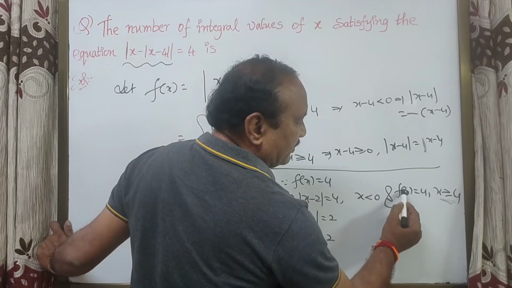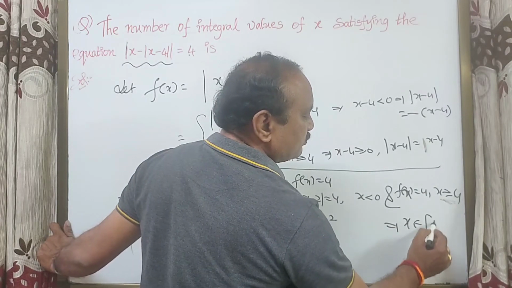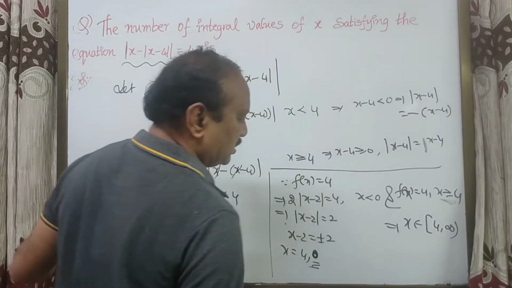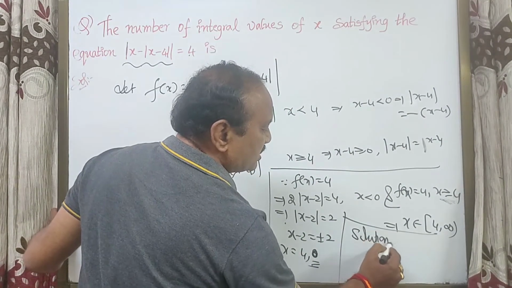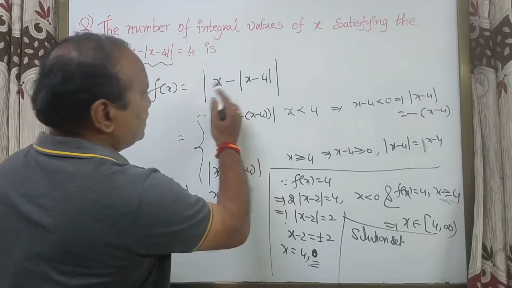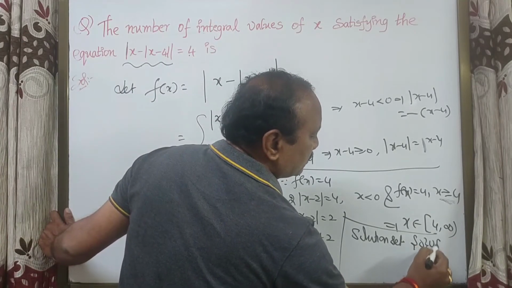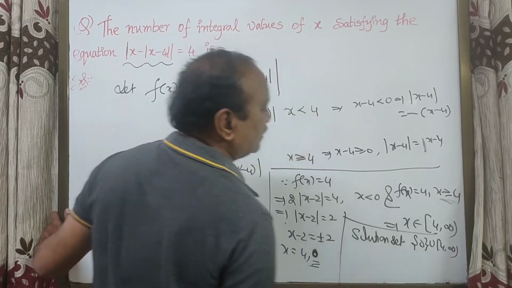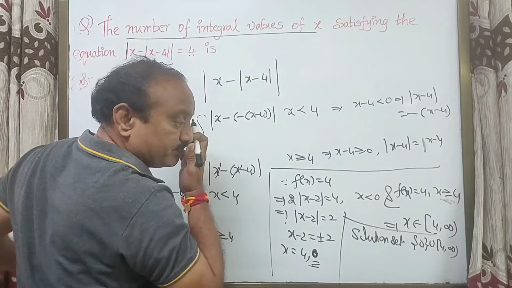Here f of x equal to 4 when x is greater than or equal to 4. That means x belongs to 4 comma infinity. Now the solution set for this equation is 0 union closed 4 to infinity. He asked the number of integral values of x.